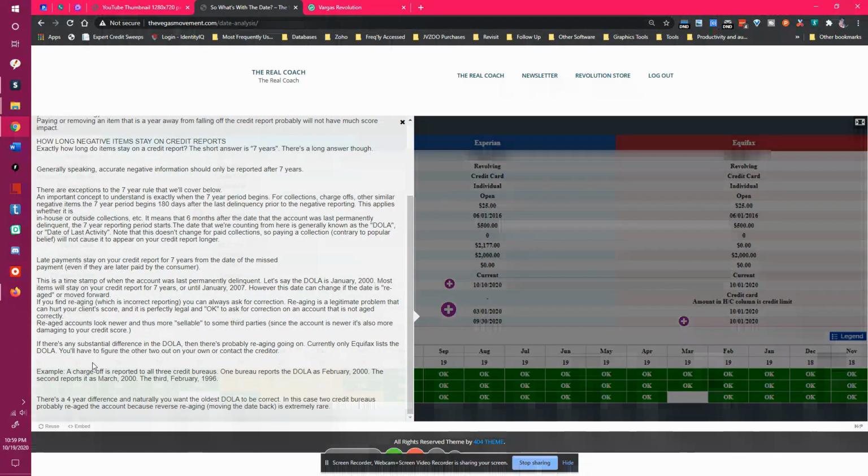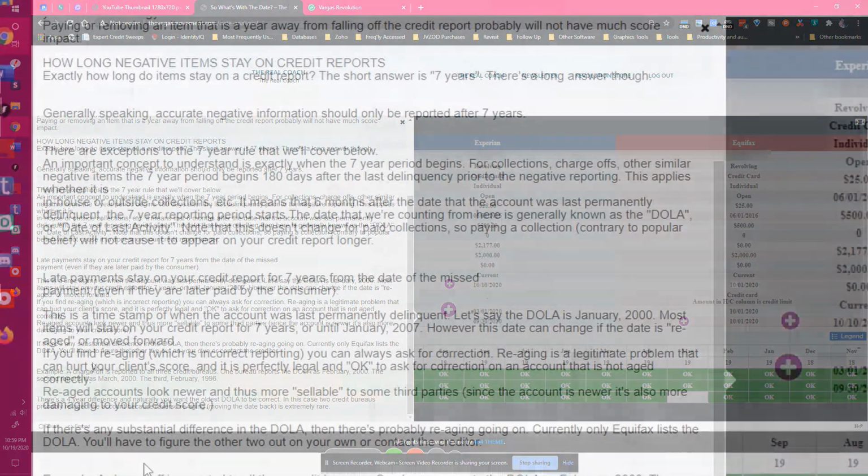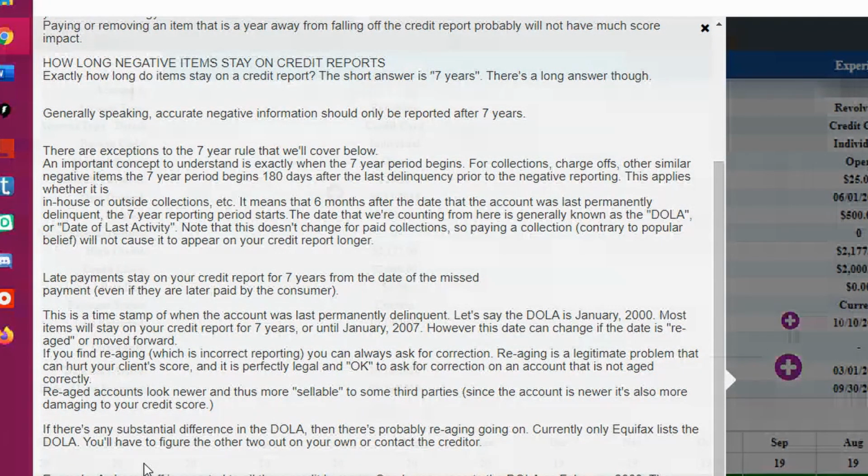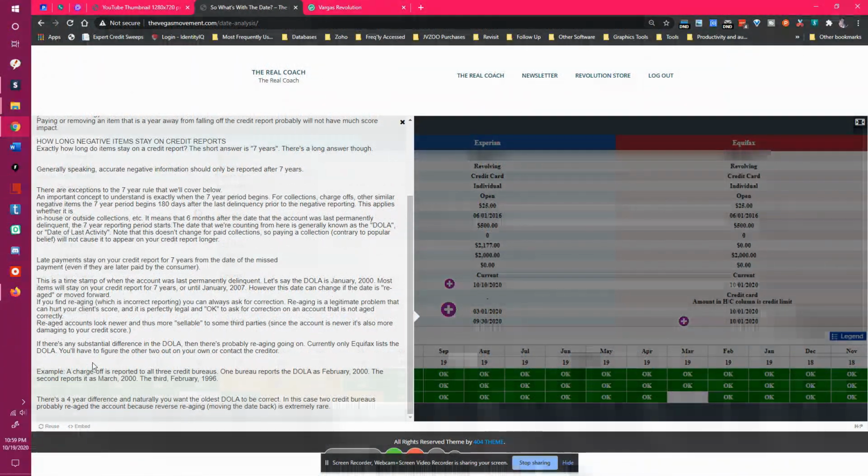There's a bunch of exceptions to the 7-year rule, and obviously bankruptcy's on there, but an important concept to understand is exactly when the 7-year period begins. So it's 180 days after the last delinquency prior to the negative reporting. And this applies whether it's an in-house or outside collection.